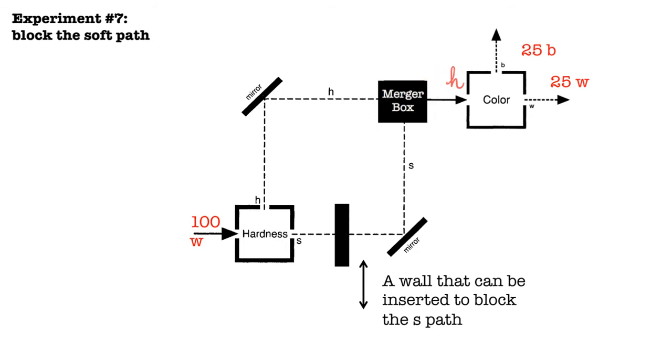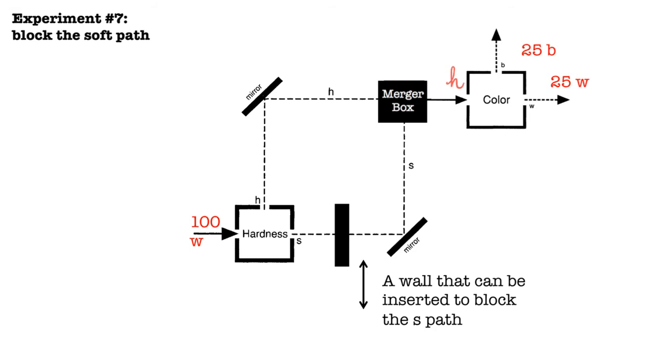How many are we going to have? If you shoot 100 white electrons into a hardness box, you would expect half of them to take each leg on average. If you put a wall in the S branch, then the 50 electrons that would have taken that branch will be blocked and removed from the pool.